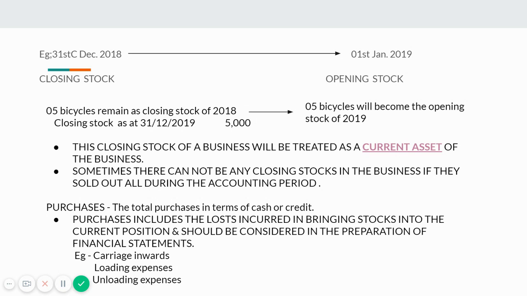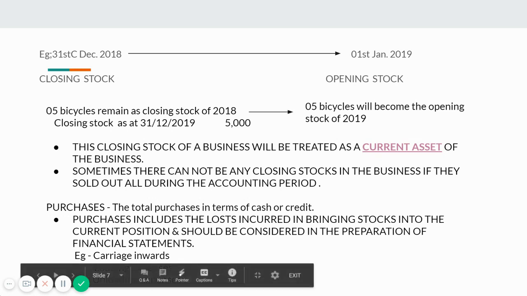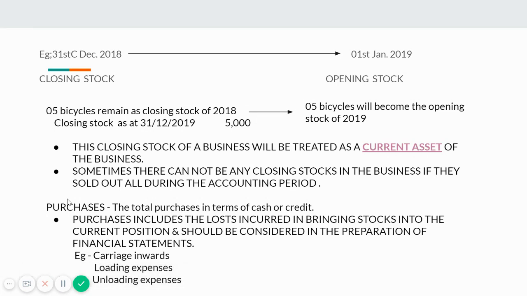Further, if I give you a brief explanation, practically in a business there will be a stock, and due to different reasons they are not in a position to sell the whole stock that they have purchased during the accounting period in the same accounting period.